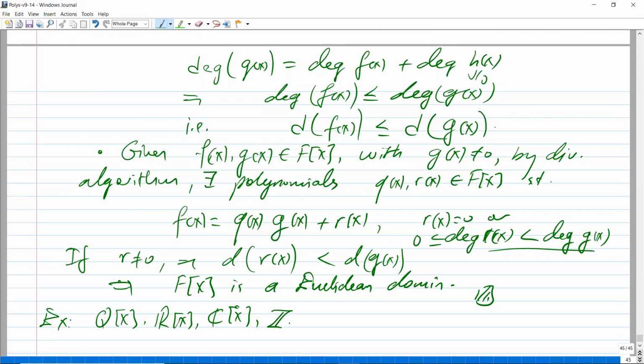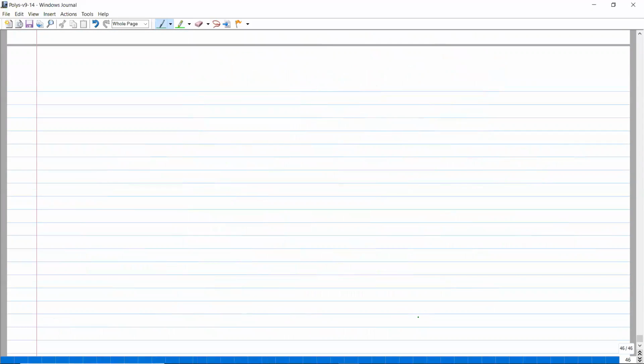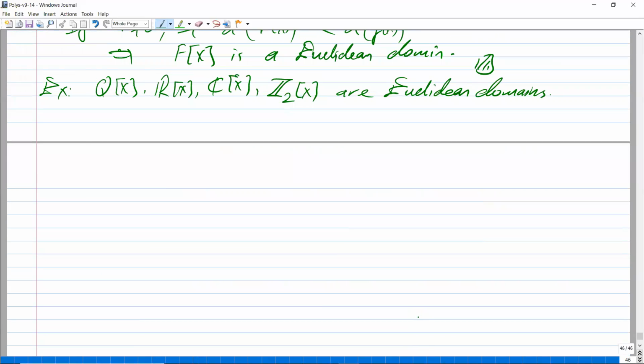Or another important property is that if you take the Z2 field, these are all Euclidean domains. Nice. Next.